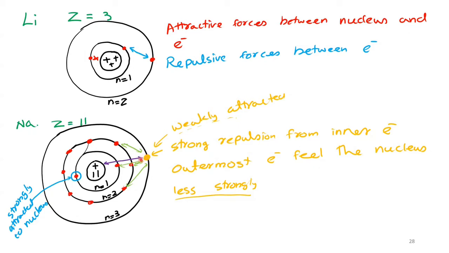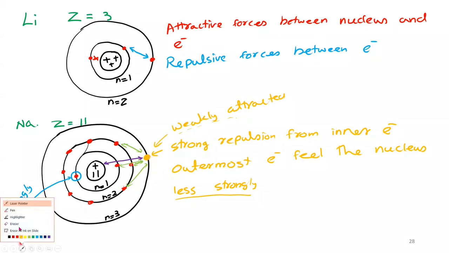Because of this repulsion experienced by the outermost electron, this outermost electron doesn't feel the full attraction of the nucleus. Instead, what it feels is something called a net attraction, which we call the effective nuclear charge.